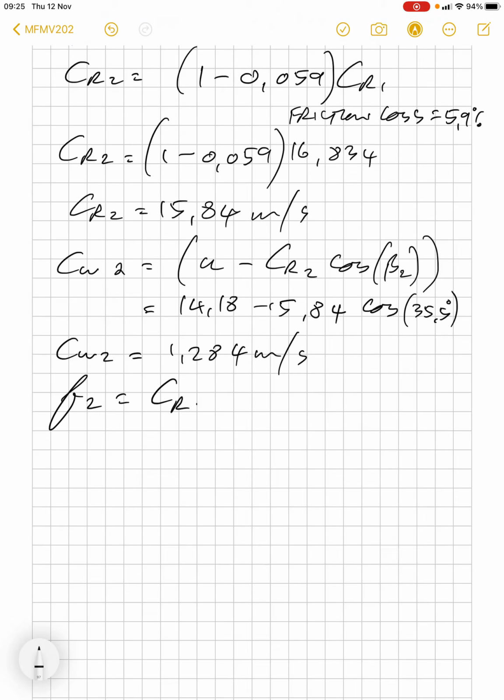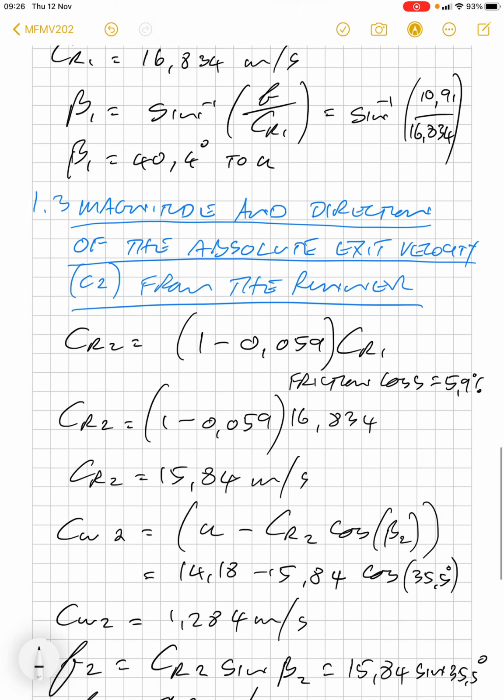F2 is equal to CR2 sine beta 2, 15.84 sine 35.5 degrees, and F2 then equals 9.2 meters per second.